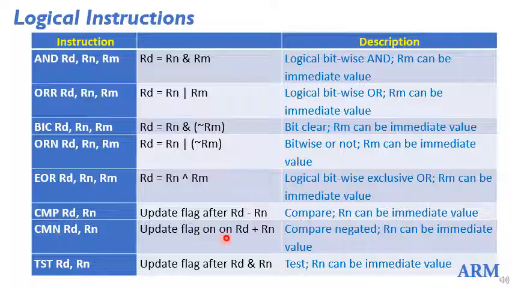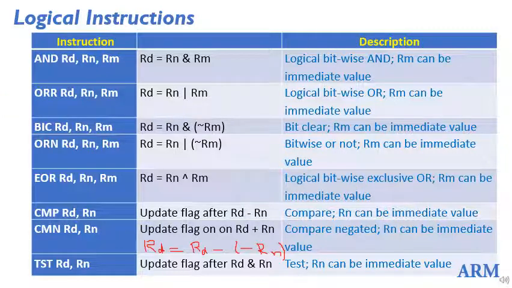A variation of this compare instruction is compare negated. The mnemonic is CMN. Here it is going to subtract the negative of the second operand. So it is RD minus of minus Rn, so the expression becomes RD plus Rn, because minus of minus will become plus.